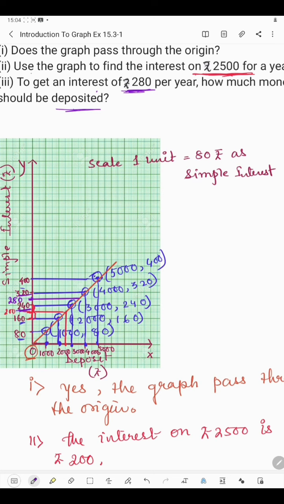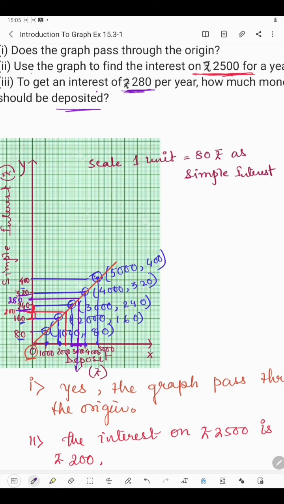Now since you have to find the amount to be deposited, you will have to go downwards to the x-axis. Now here it meets. Now see, this is exactly in between 3000 and 4000.